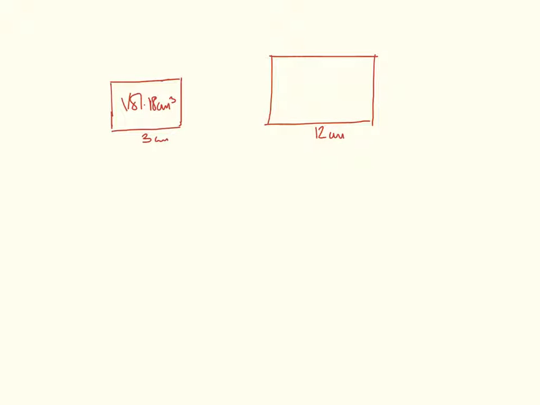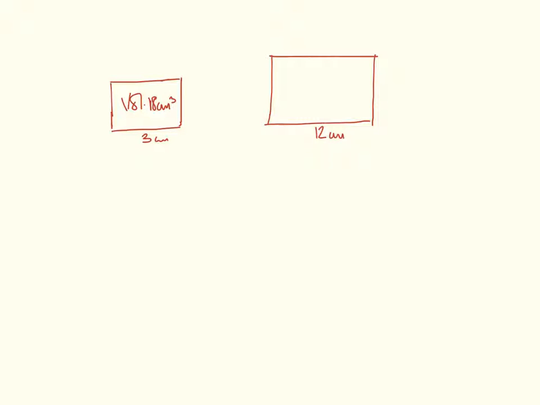So here's our example, and I'll talk you through it quickly. I'm going to assume I've got 2 slabs of concrete, say, and this is my first little slab, and that's my big slab here. The volume of this slab is 18 cubic centimeters. And we want to know what's the volume of this slab, which is bigger.